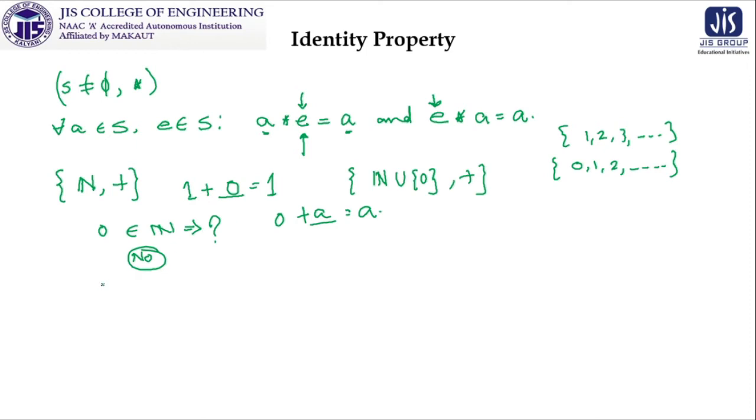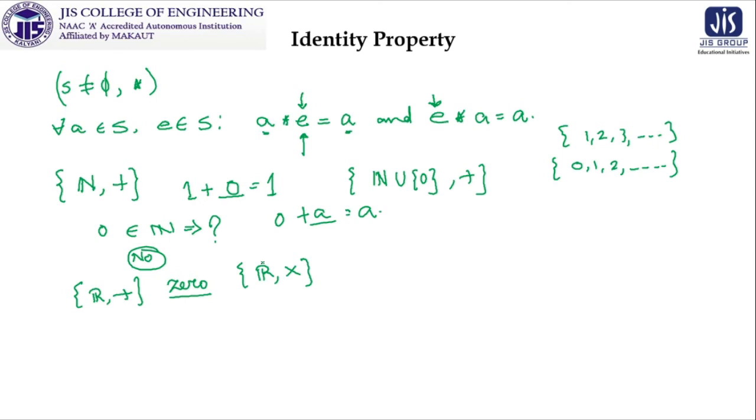We are proceeding further for some more examples. Suppose we are taking R. It is clear to you that 0 will be the identity element with addition, but we are changing the operation to usual multiplication. First of all, is it closed? Multiplication of any two real numbers is closed.